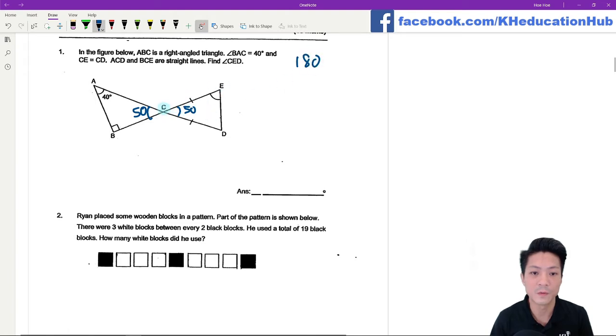And if you realize that triangle CED is an isosceles triangle, we can use 180 minus 50 divided by 2. That's going to give me the answer for this question. The answer is 65 degrees.